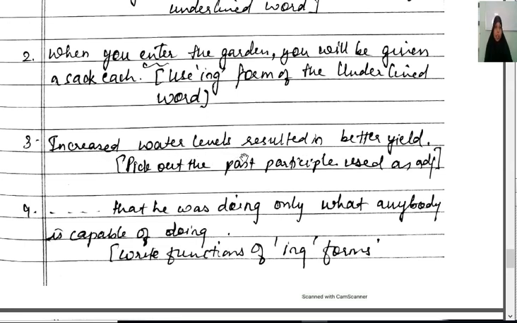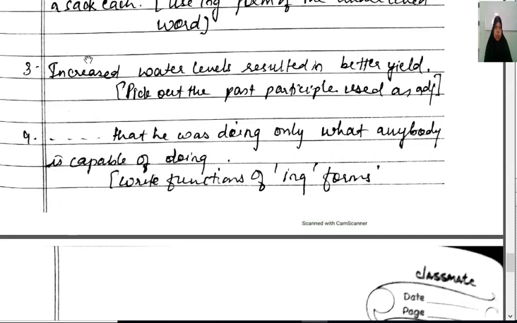Increased water level resulted in better yield. So here the word increased is used as past participle and it is also used as adjective. Adjective means it is giving you more information about the water level, that it has increased. So your answer is increased.